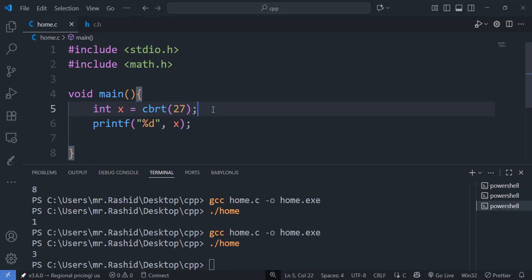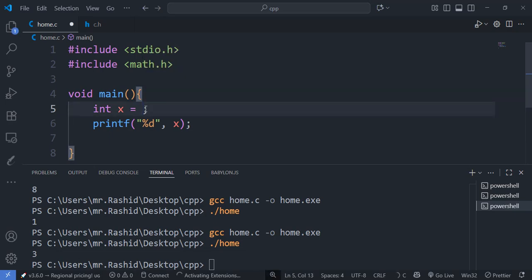So let us now take a look at trigonometric functions, for example sine, cosine and tan. These ones expect the angle in radians, not in degrees, guys. Let me show you how we can use it.